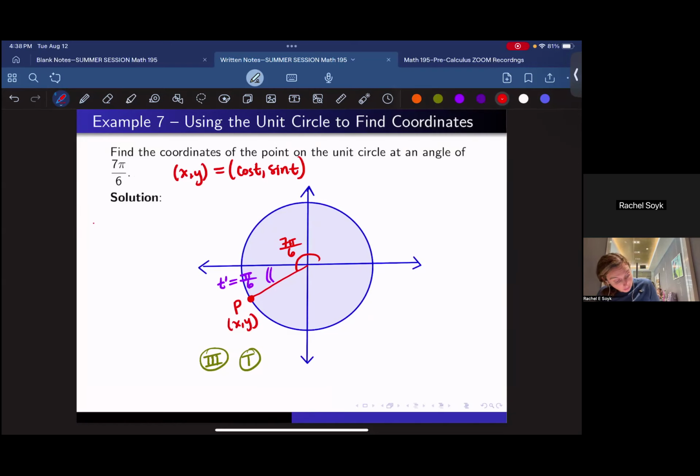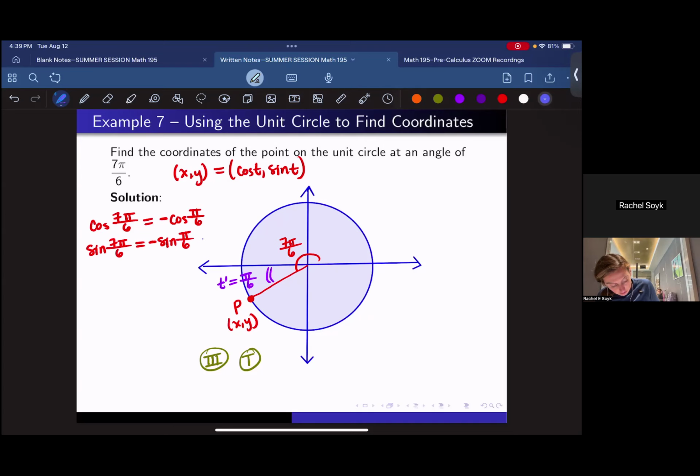So cosine of 7 pi over 6 is the same as negative cosine of pi over 6, and sine of 7 pi over 6 is the same as negative sine of pi over 6.